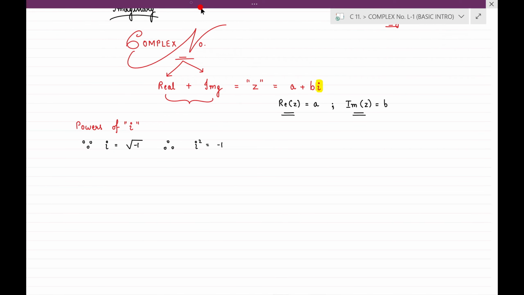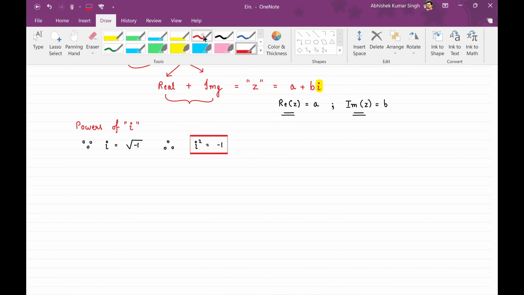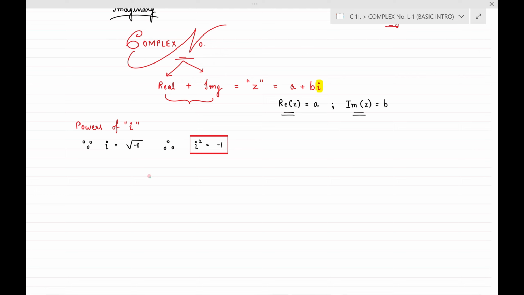This thing is to be kept in mind. It is important. You have to keep this value in mind. Now let us move on with other positive integral powers. Iota to the power 3 can be written as iota square into iota.